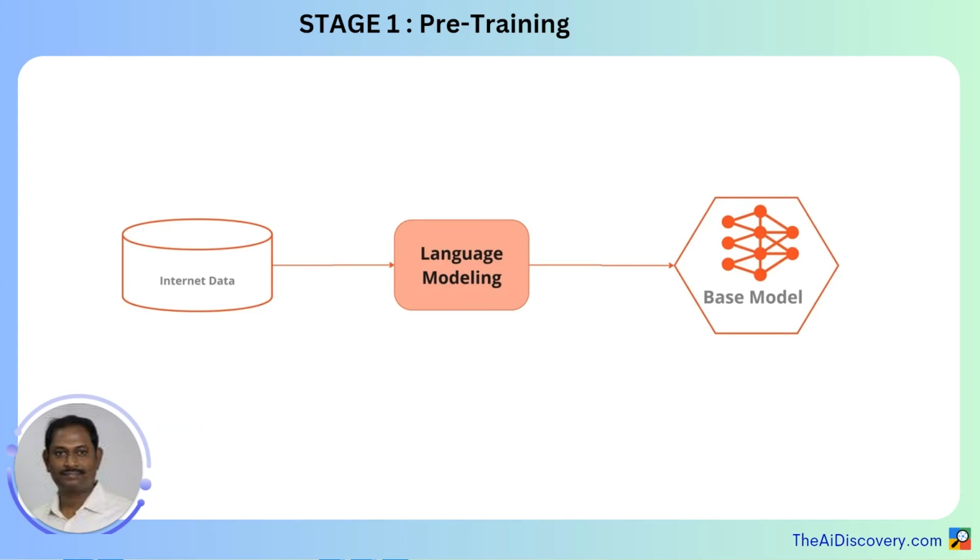In this stage, huge internet data is fed into the transformer architecture, and this internet data could be Wikipedia, books, articles, any publishing, whatnot. Whatever we see on the internet is fed in as training data. Here two things are happening.